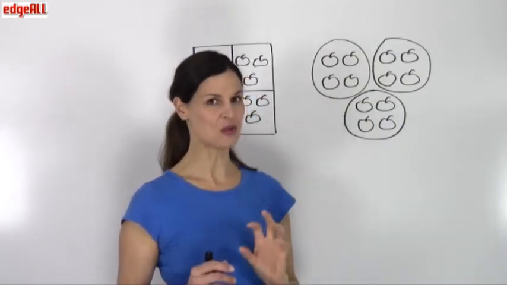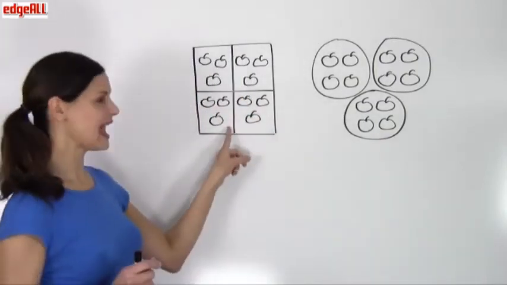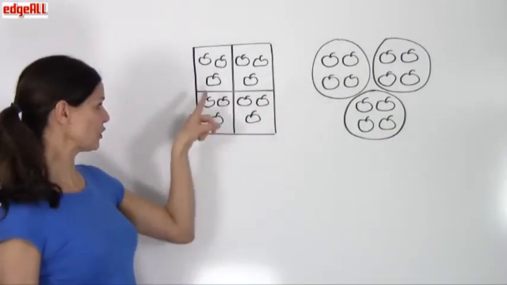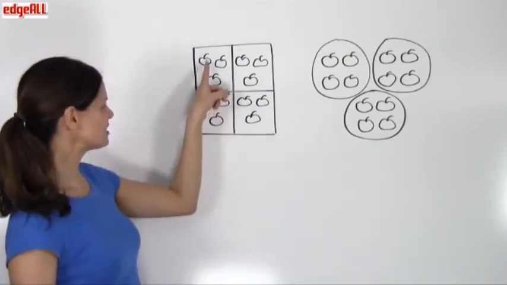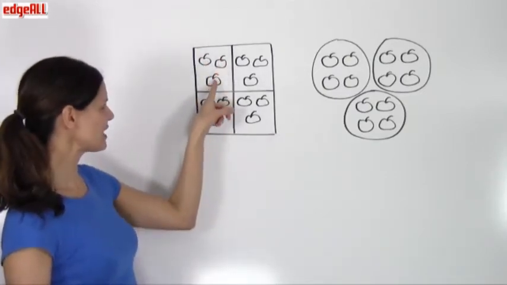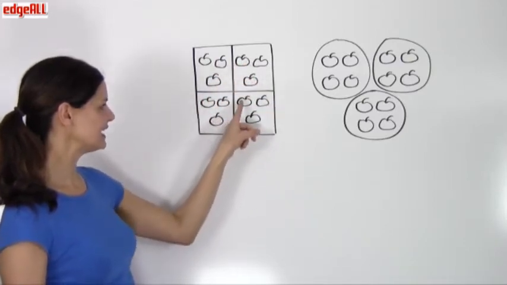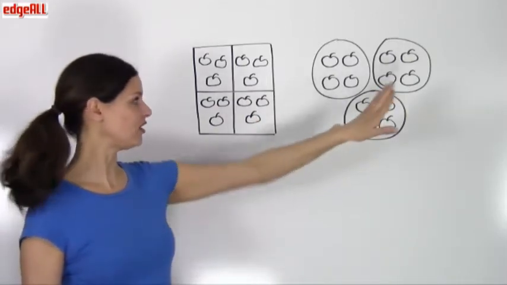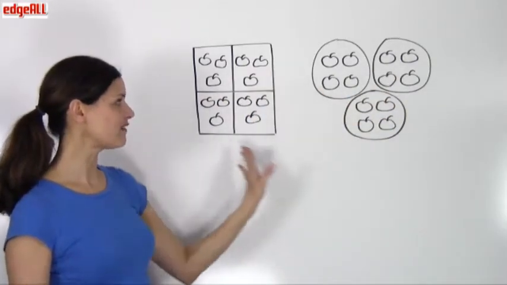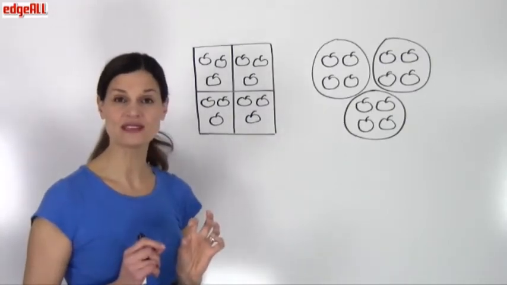Also, all 12 of our apples are used when we divide by 4, and we have 4 groups of 3 apples each. So we still have our 12 apples. 1, 2, 3, 4, 5, 6, 7, 8, 9, 10, 11, 12. So when we divide 12 either by 3 or by 4, we end up using all 12 apples.